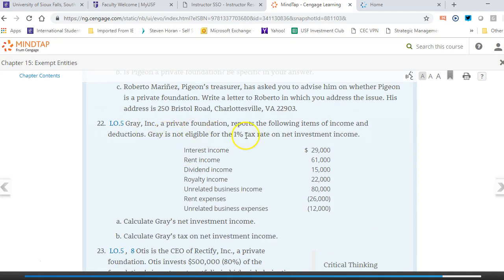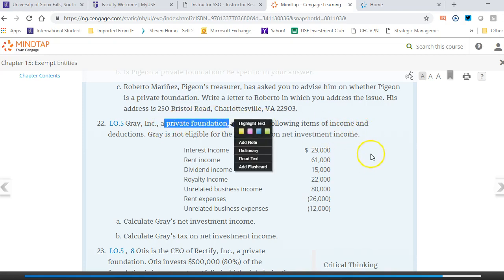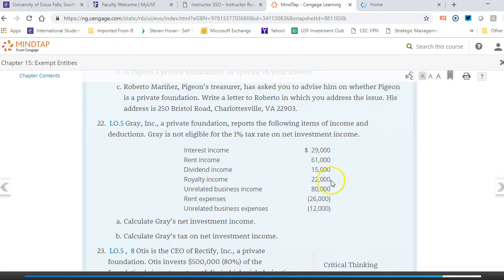Gray Inc., a private foundation, reports the following items of income and deductions. Gray is not eligible for a 1% tax on net investment income. So now we're a private foundation, so remember there's a few more tax rules because of that. Calculate Gray's investment income. So we take a look at their interest income here. We add to that the rent income, the dividend income, and the royalty income.